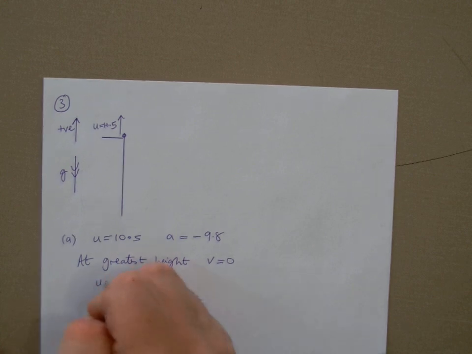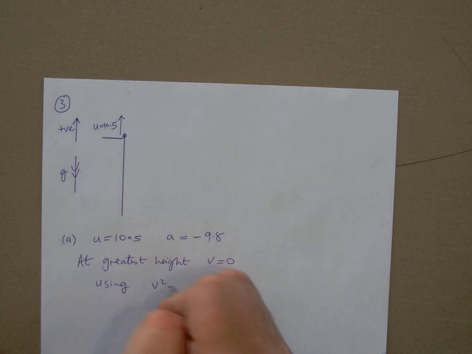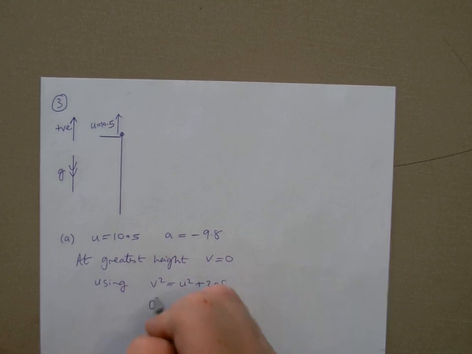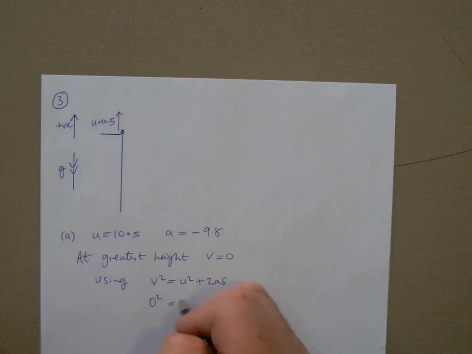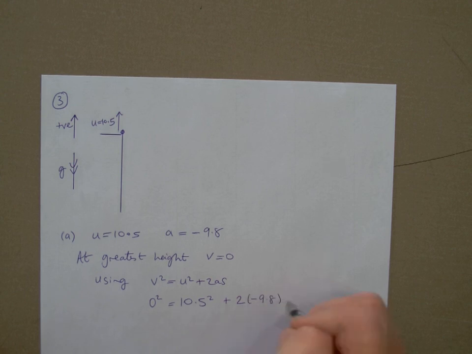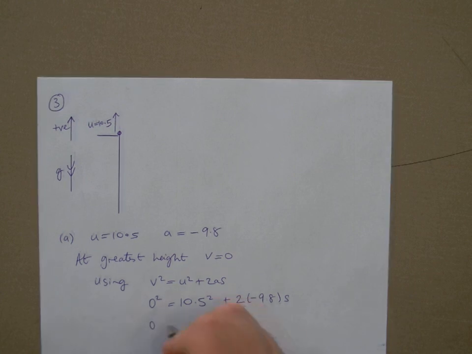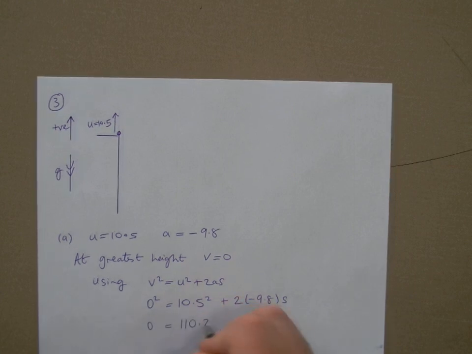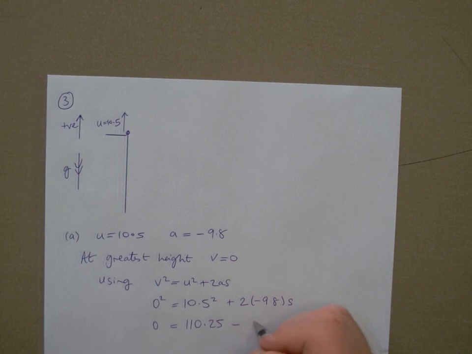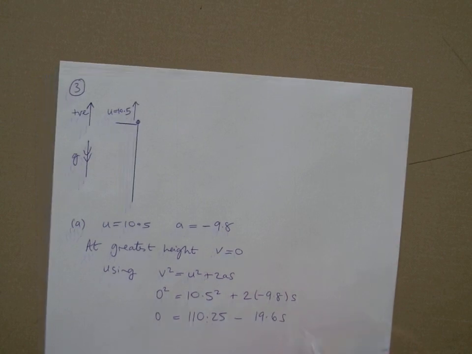If I use v squared equals u squared plus 2as, we know v is 0, so 0 squared, equals u is 10.5, so 10.5 squared, plus 2 times a, which is minus 9.8, times s. So it's just a case of working out these numbers. We've got 0 here, that's 110.25, minus 19.6s.